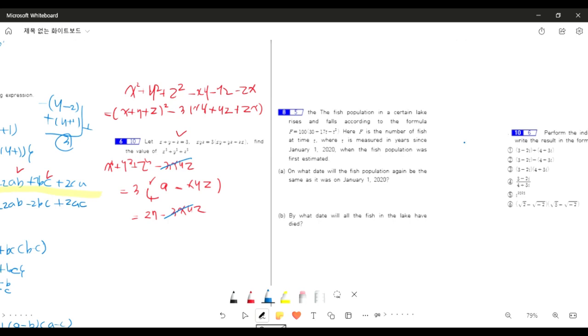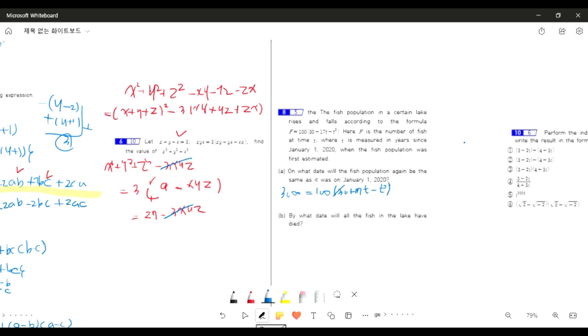Putting in t equals 0 means f is 3000. So 3000 equals 100 times (30 + 7t − t²).